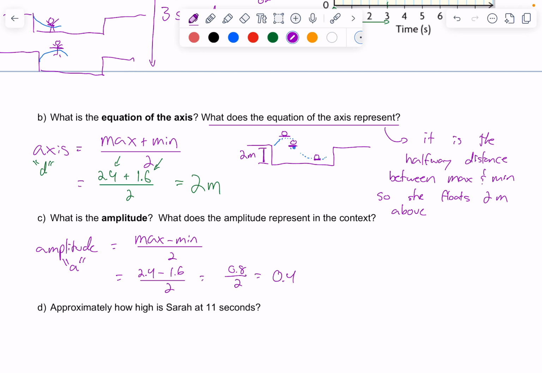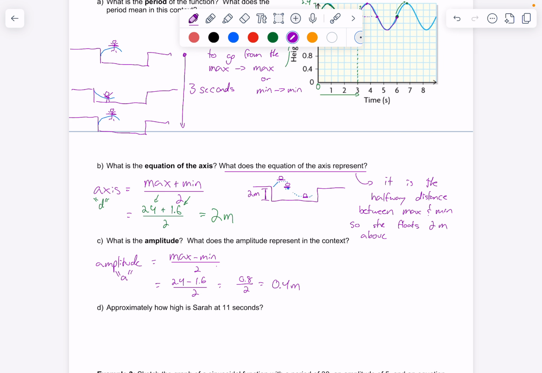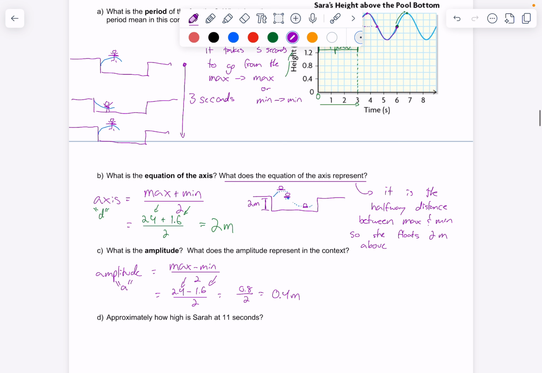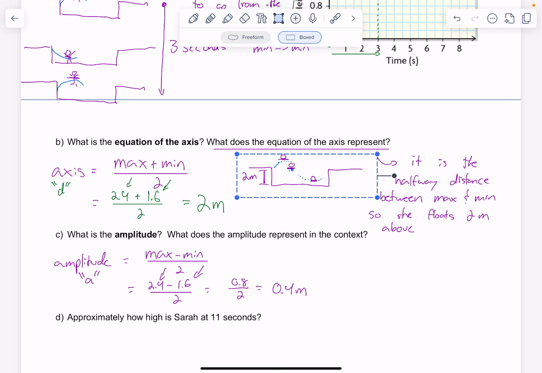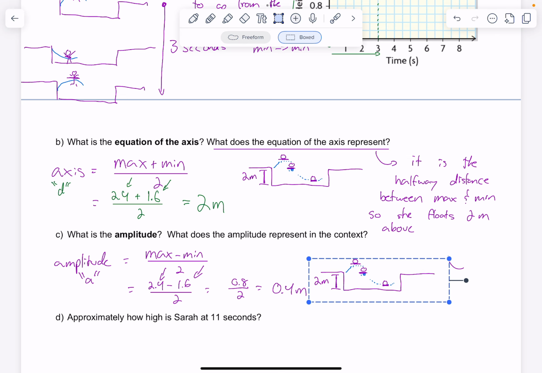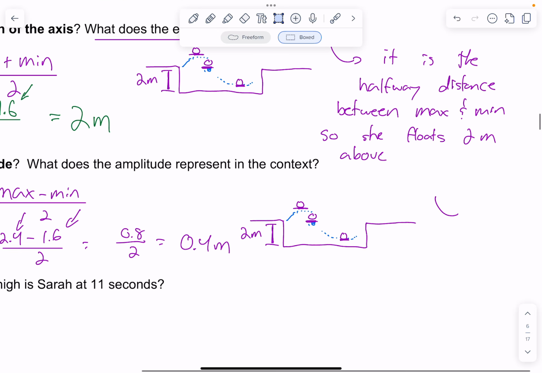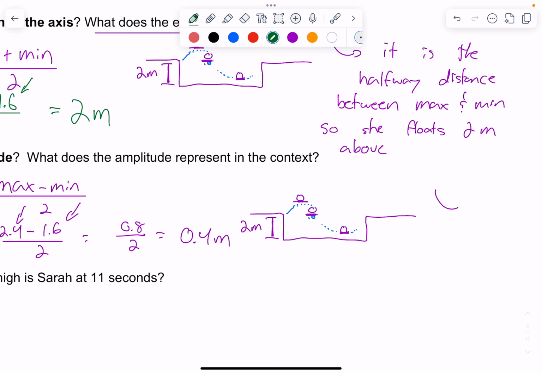Okay. So what does that represent? Well, that 0.4, once again, is in meters, because all your inputs here are y's, right? It is the distance from your max to your min. So if I copy my picture that I've drawn right here, that 0.4 is saying, well, how far is it from my halfway point to my minimum?